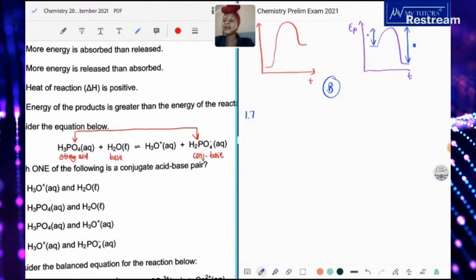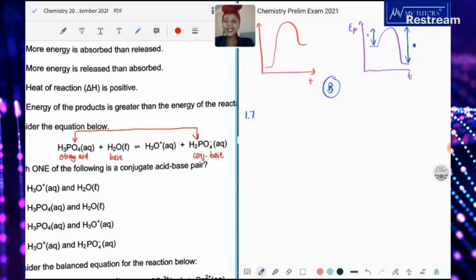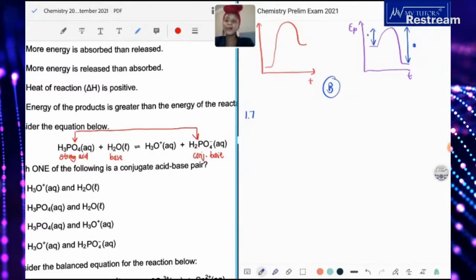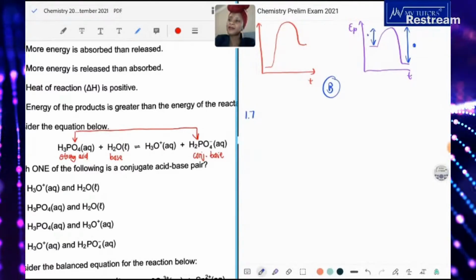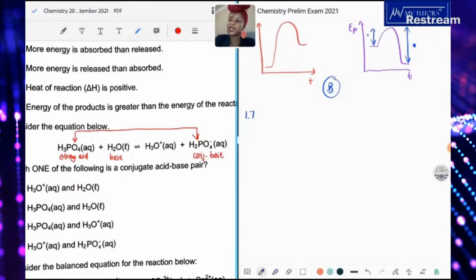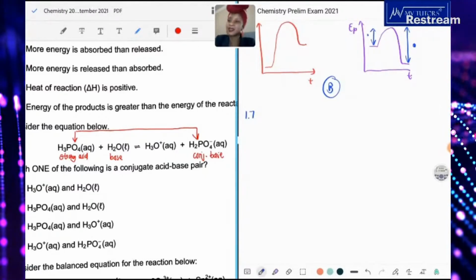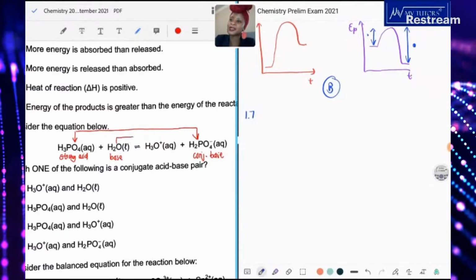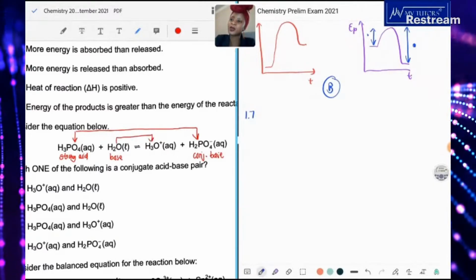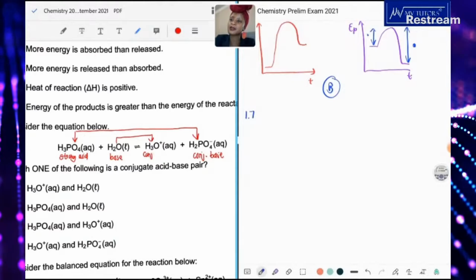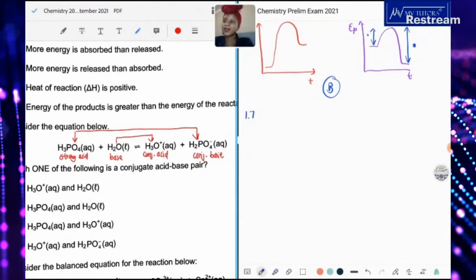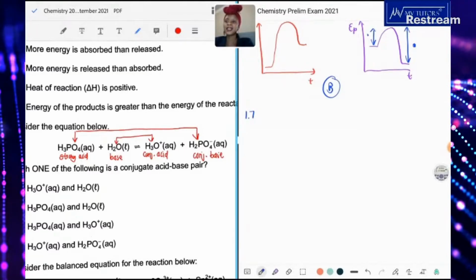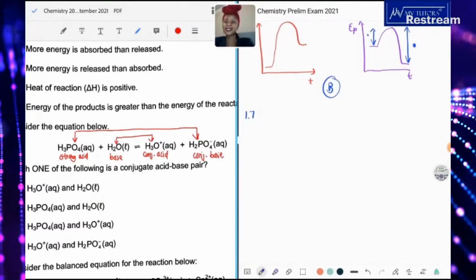And now a base is basically a proton acceptor. So you have H2 and now you end up with H3 because it has received. So if your base is here, this is going to be your conjugate acid. So that's your conjugate acid-base pair.